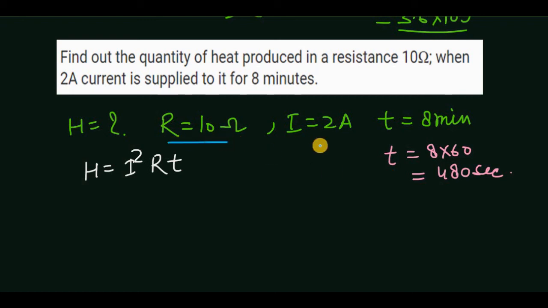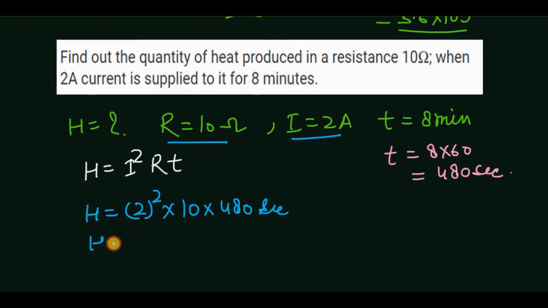R is given 10 ohm, I is given 2 ampere. So by using the formula H equals I square RT, you can find out the heat produced. H equals I square, that means 2 square, into R is 10 and T is 480 seconds. Then H equals 4 into 10 into 480.